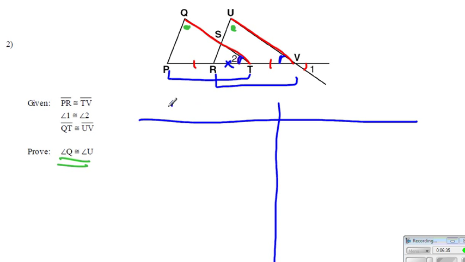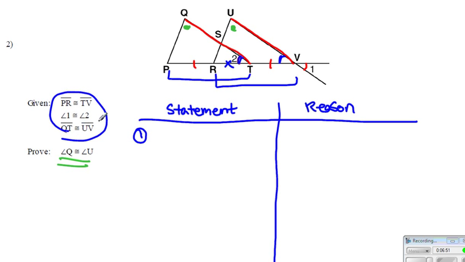All right. So let us write this one up together. So here we have statements and reasons. All right, first one will be all the givens. So I'm just going to put it over here.